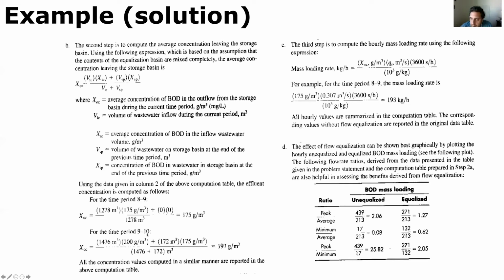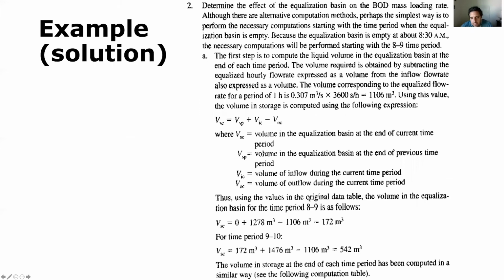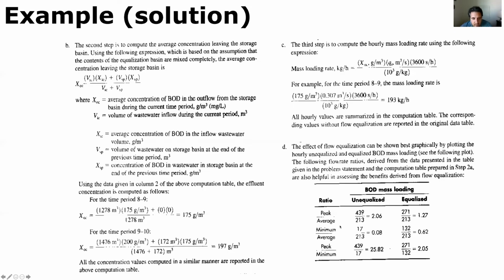Now let's look at the next hour from 9 to 10. So if you recall from our previous calculation, we found out that after the 8 to 9 hour, we're going to have a total volume of 172 cubic meters of sewage in the tank. So if we take that volume, 172 cubic meters, and we multiply that by the BOD concentration that we just found, 175, that's going to give us the mass of BOD that's already in the tank when we start at 9 o'clock.